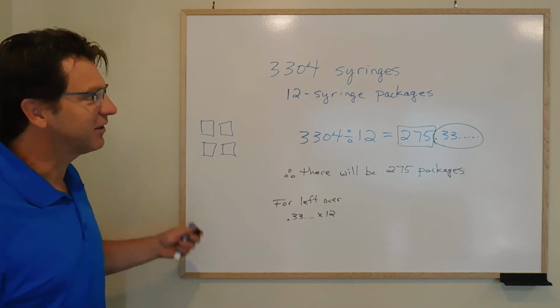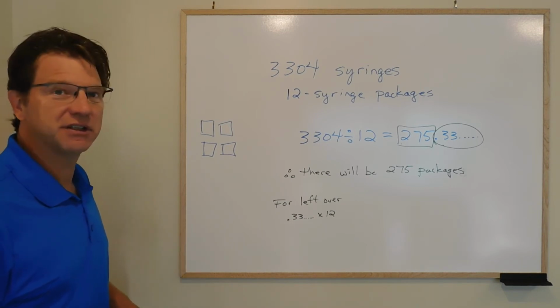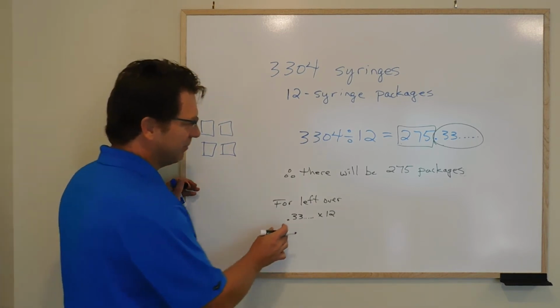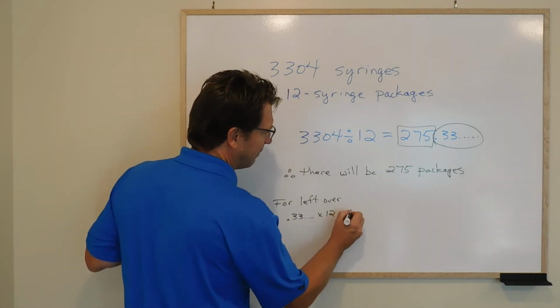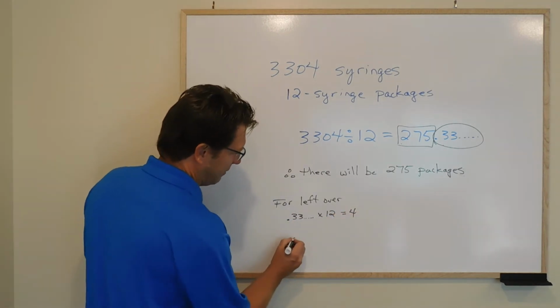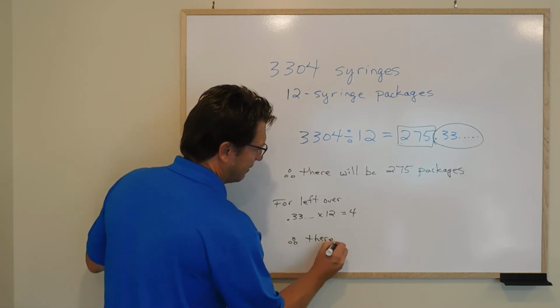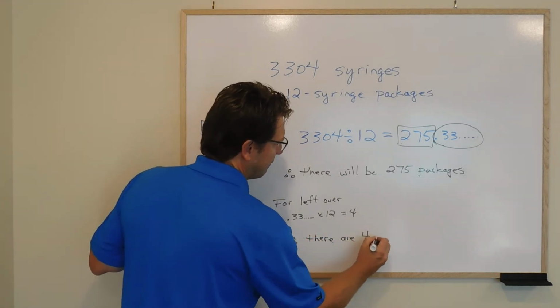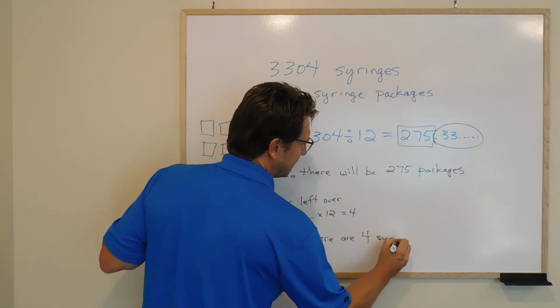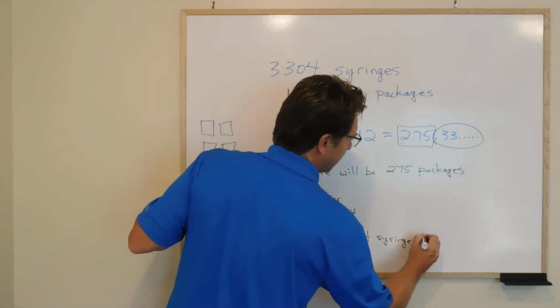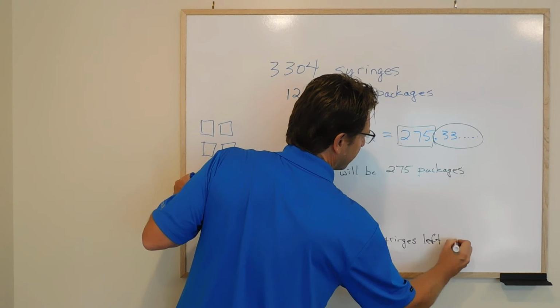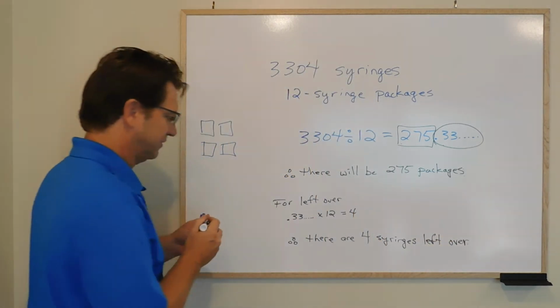If we did long division, you'd see the remainder come up right away. But you multiply by 12 and that's going to equal 4. And you can say therefore, there are 4 syringes left over. Okay, so 4 extra syringes.